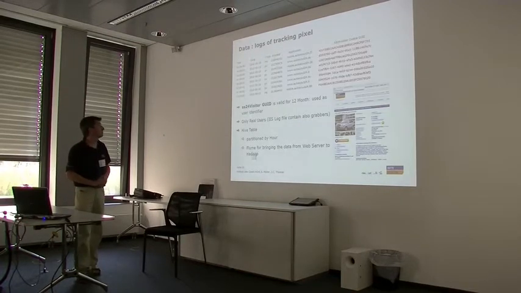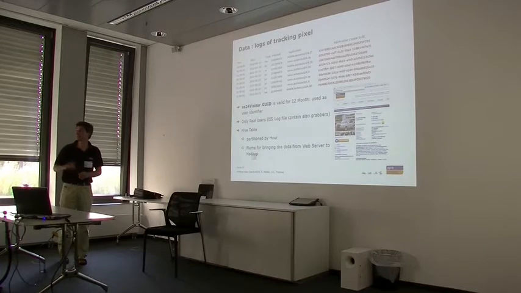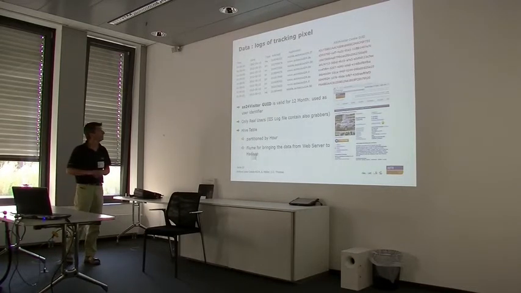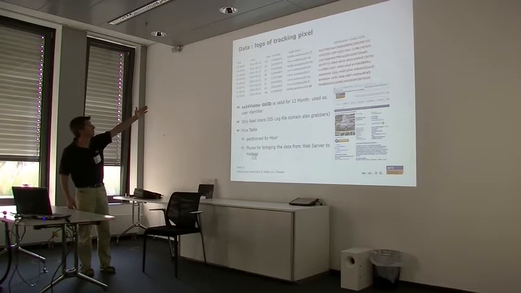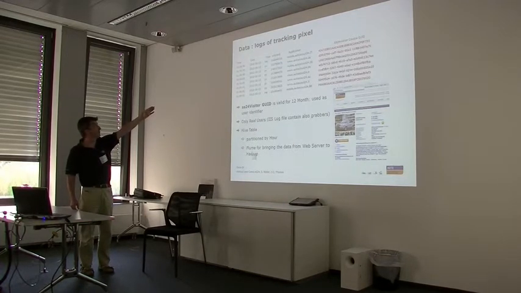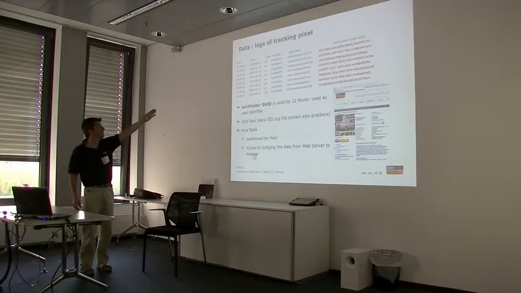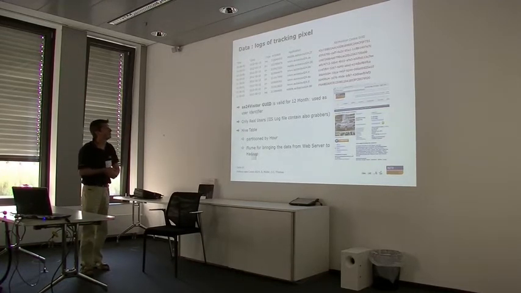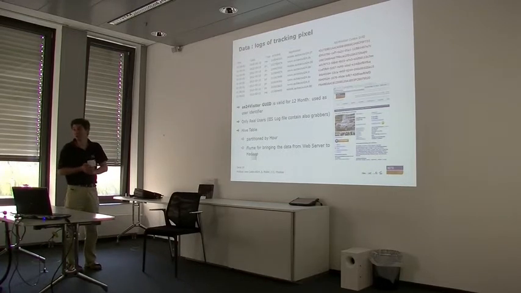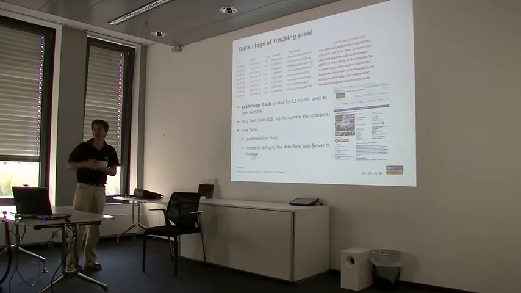So the basic data are those already described by Sebastian. We have the time, the type of view, mobile for example, the article ID or car ID, the application, and this cookie GUID. And this cookie GUID is for us the user ID.